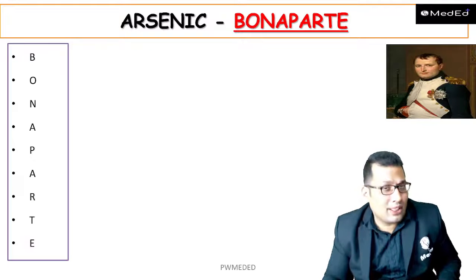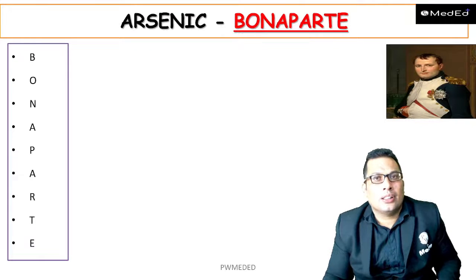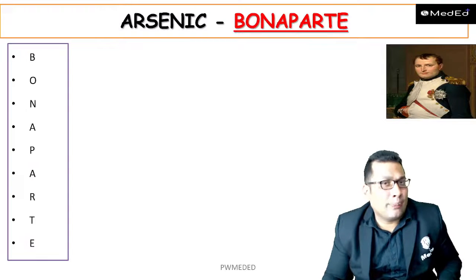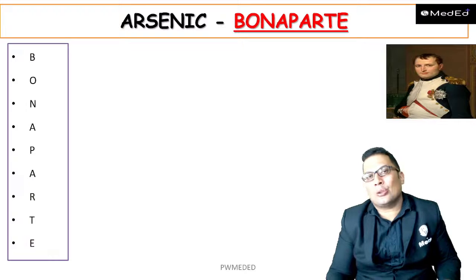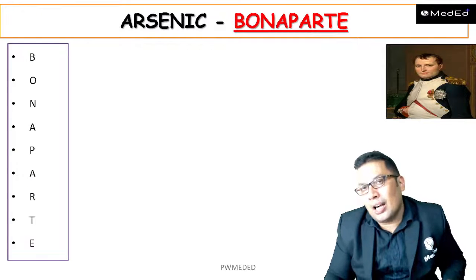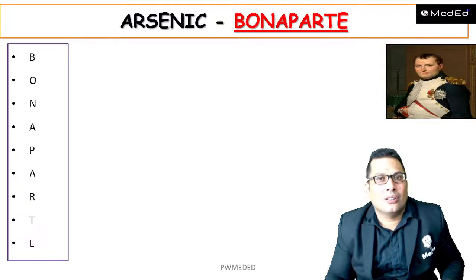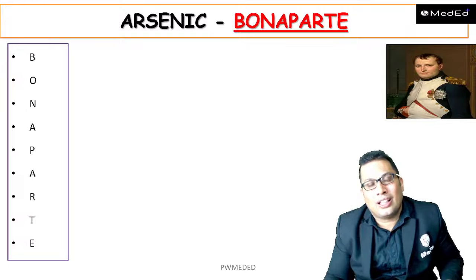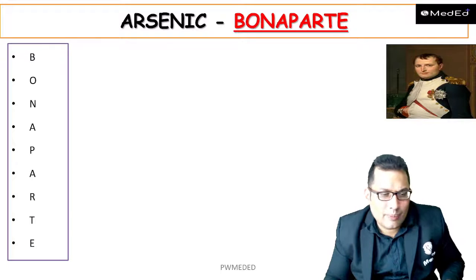Fatal dosage is around 200 milligrams. It affects many metabolic pathways, especially the enzymes pyruvate dehydrogenase and alpha ketoglutarate dehydrogenase. When these enzymes are inhibited, it can lead to cancers, to chemical carcinogenesis.